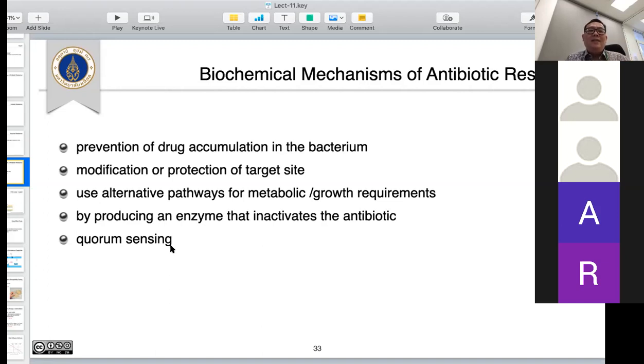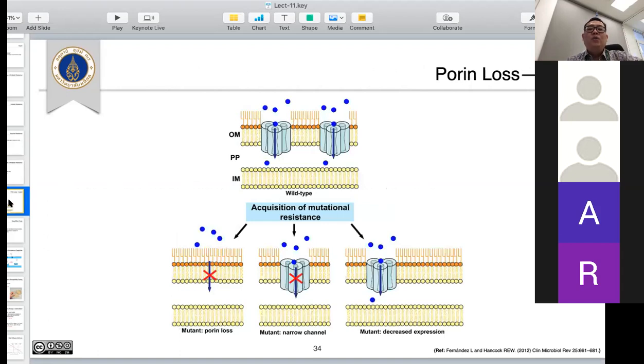And then that triggers the other bacteria to resist or do something. That is a signal among the bacterial population we call quorum sensing. Okay. Enzyme activation, protein target site, modified pathway, those are the mechanisms that bacteria use to tolerate antibiotic.